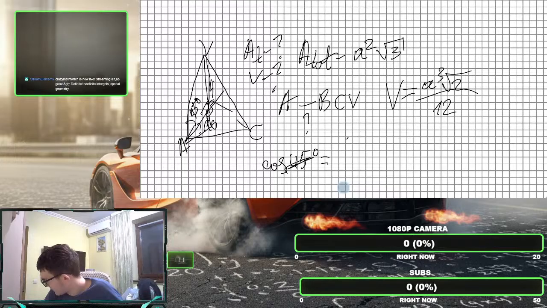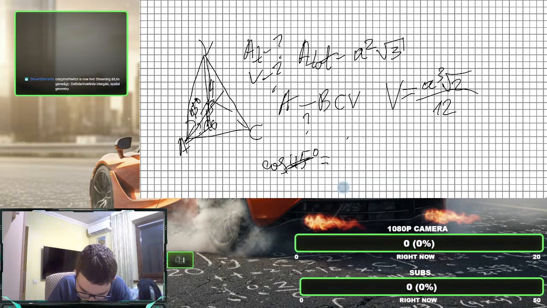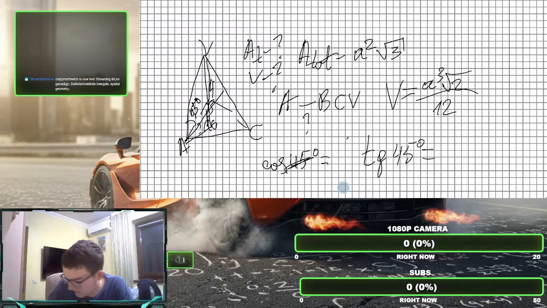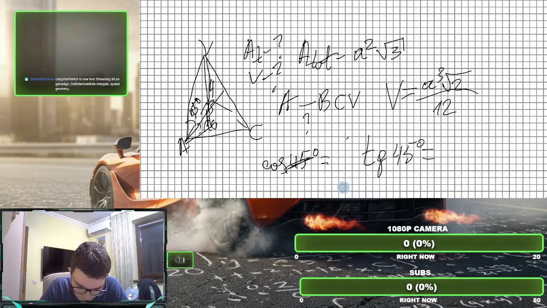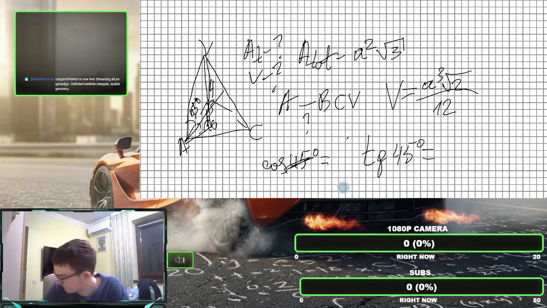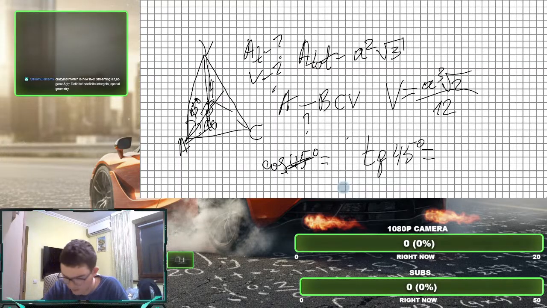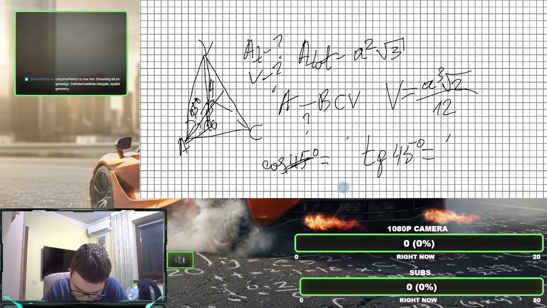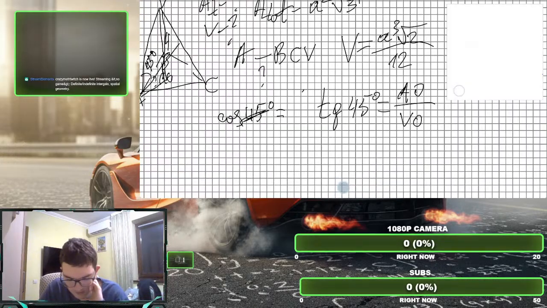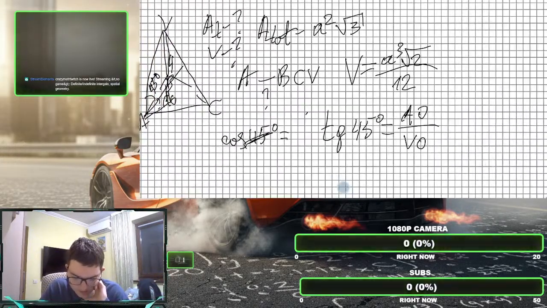So this means that I should use the tangent of 45 degrees formula. And this will be AO divided by VO, I think. And I would just have to find tangent of 45 degrees.